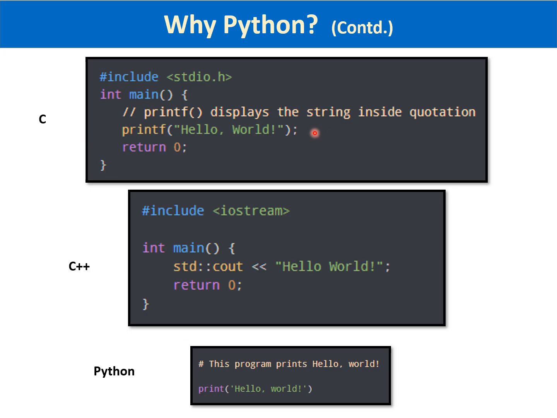Now, the same program of printing hello world in C, C++, and Python is shown here, and you can see the syntax of C and C++ will be a bit intimidating for newcomers, whereas Python is like the English language, which is simpler to read, write and understand. It is as simple as reading English.